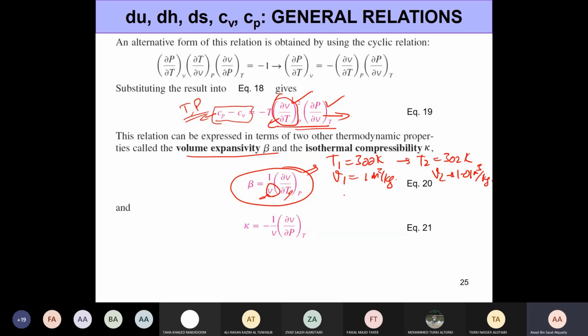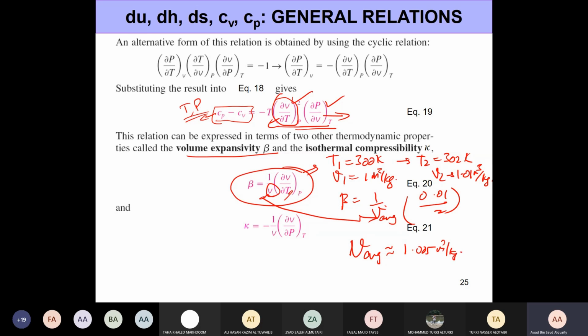So here, when you want to evaluate beta, it is going to be 1 by the average specific volume times the change, right? So 0.01 divided by 2. Sorry. The V that we have here is the average specific volume, and the V average is simply 1.005 meter cube per kilogram.